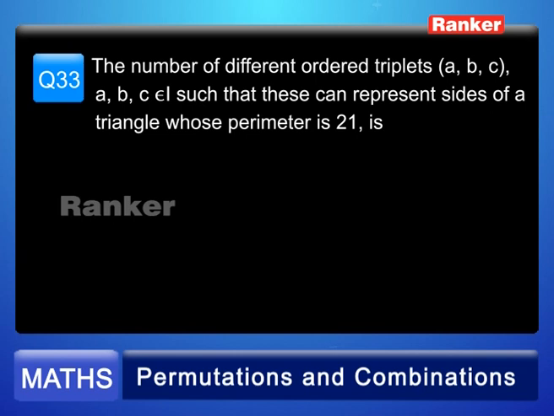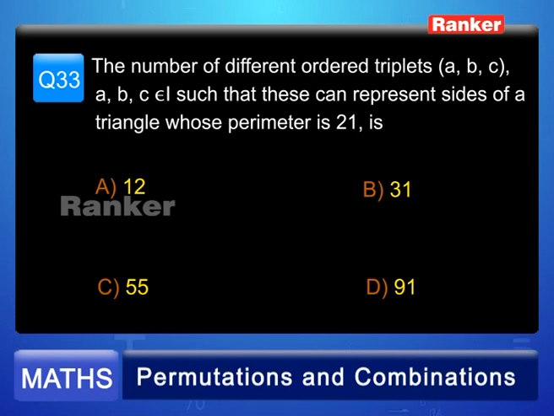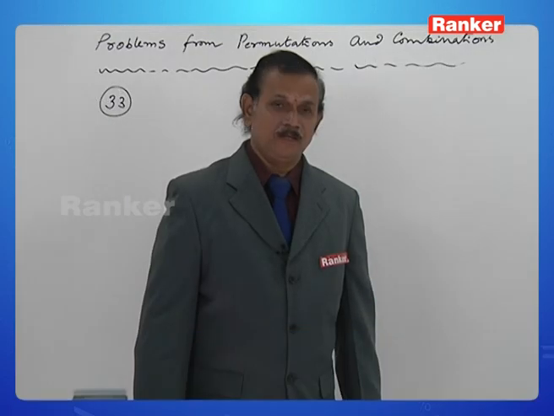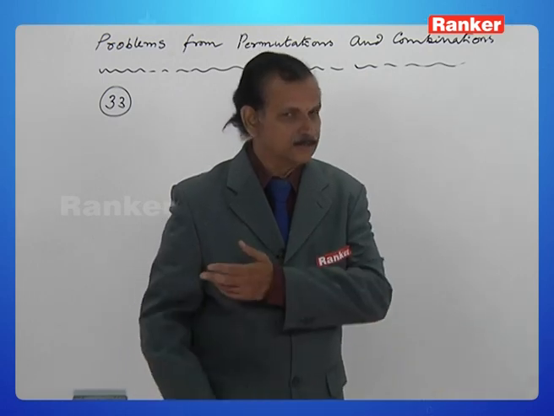The next question, that is question number 33. The number of different ordered triplets A, B, C, where A, B, C are integers such that these can represent sides of a triangle whose perimeter is 21, is. Here he has given A, B, C belong to I. I is the set of integers.